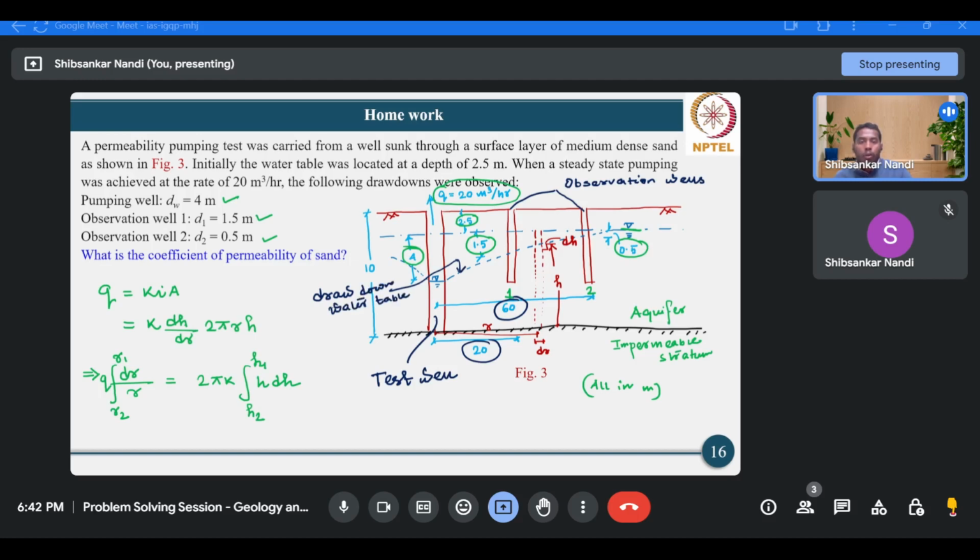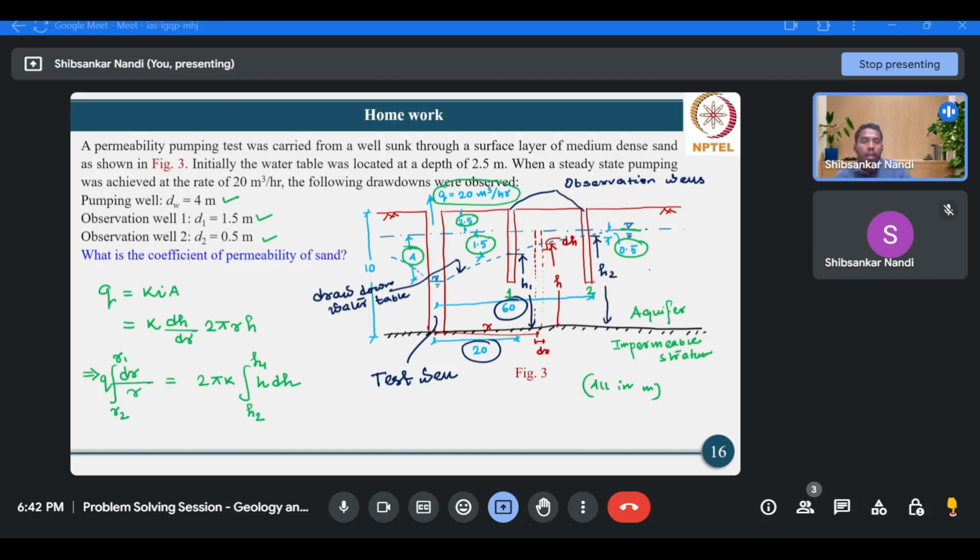So the height of the drawdown water table from the impermeable base. For H1, for observation well 1, this height you have to determine. So this is H1 and this is H2.